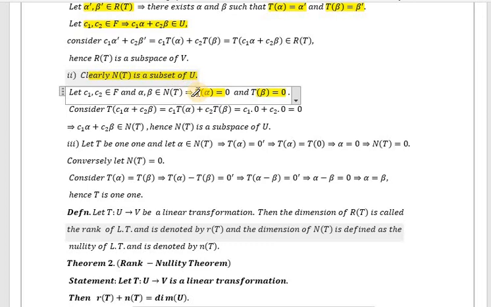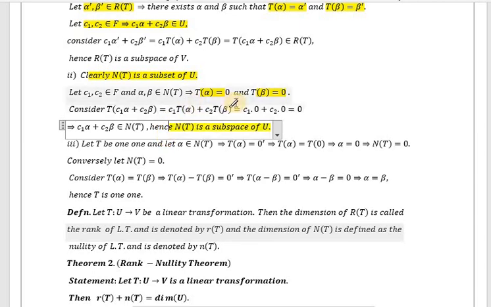Now since it is a null space, T of alpha is 0, T of beta is 0, hence C1 times 0 plus C2 times 0, which is equal to 0. So when it is 0, it belongs to N of T. Hence C1 alpha plus C2 beta belongs to N of T, and N of T is a subspace of U.